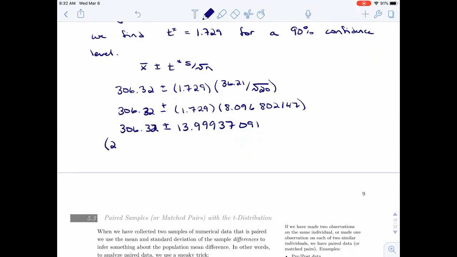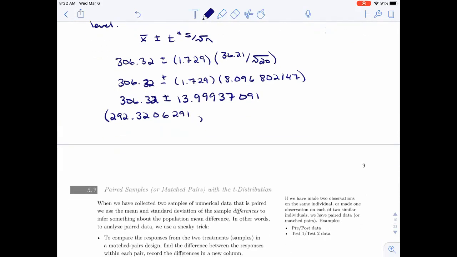And how we write it, right, you find your lower bound and then your upper bound separated by commas enclosed in round brackets. So 292.3206209 up to 306.32 plus the margin of error, 320.3193709.